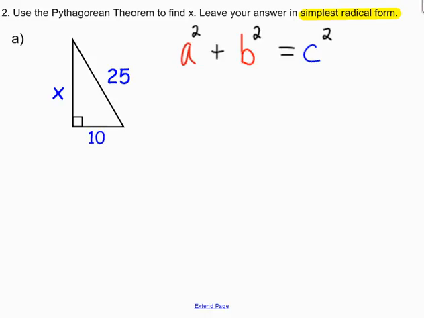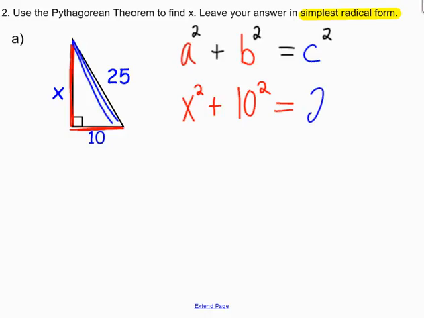So your two legs, it does not matter what order, and it also does not matter where x is. Okay? So if I take my two legs, that would be x squared and 10 squared equals the hypotenuse squared. And I'm going to solve for x.